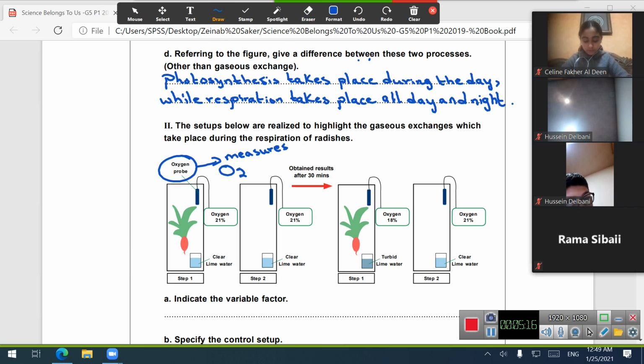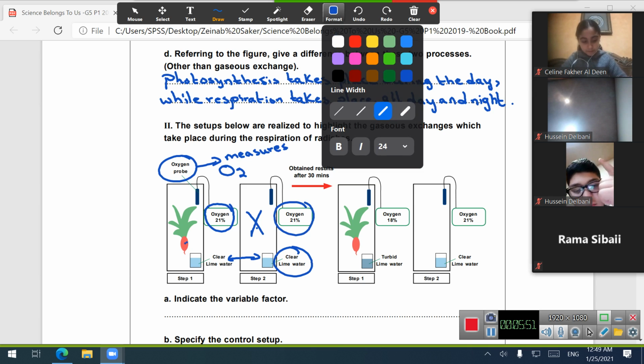At the beginning of the experiment in setup 1, the amount of oxygen also was 21%. In step 2, I have no green plant, no radish here. Only I have clear lime water. So in both, we have clear lime water. But in step 1, a radish plant is introduced, while in step 2, no green plant. And the amount of oxygen was also 21.